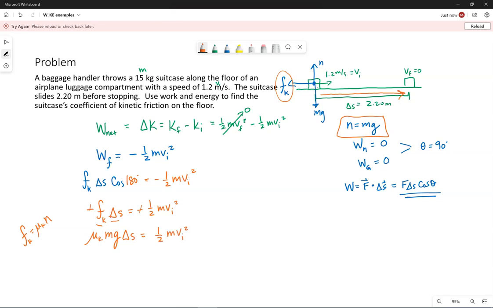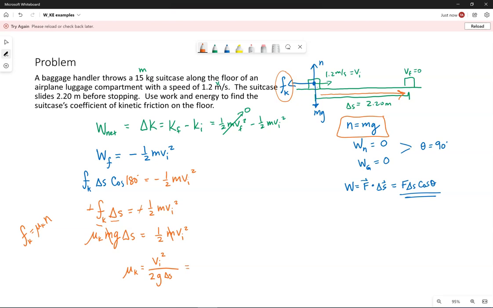Finishing up my equation, it turns out the mass of the suitcase is not going to matter in this case. You might think back to a problem in the previous section with Newton's laws, where if it was moving horizontally with just friction, the mass sometimes canceled. Well, we're seeing that again here. So we're looking for this coefficient of friction. I'm going to bring the g over and the delta s over.